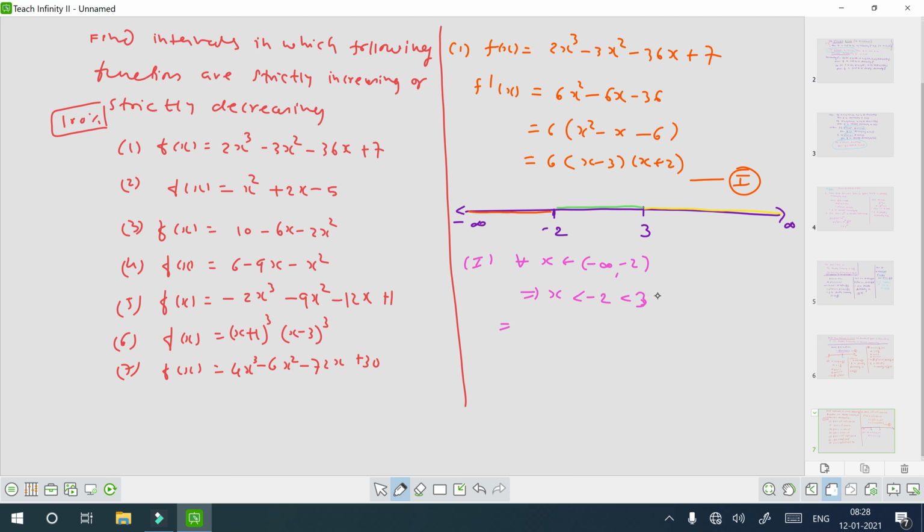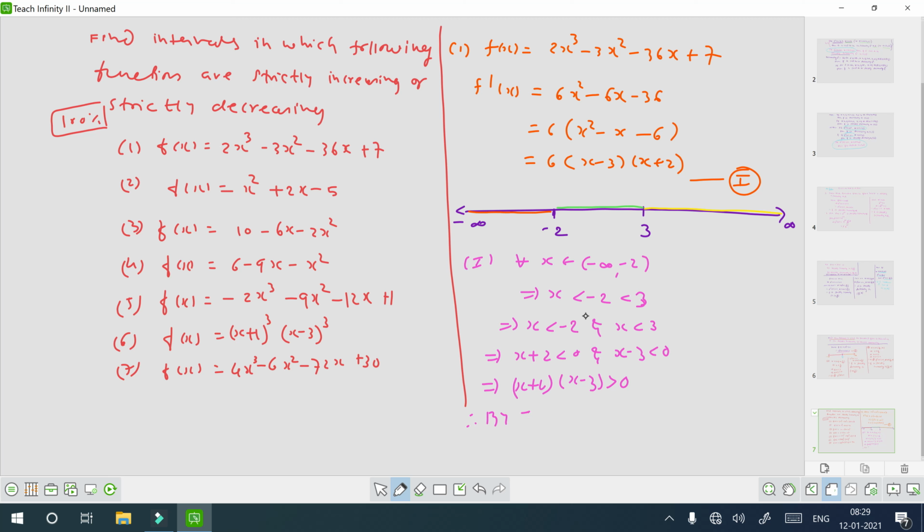So what we have? x less than minus 2, and x less than 3. So this implies x plus 2 less than 0, x minus 3 less than 0. This implies (x plus 2)(x minus 3) is positive. Product of two negative quantities is positive.